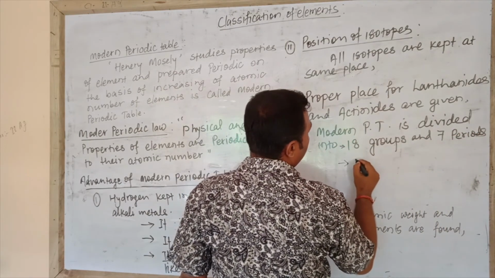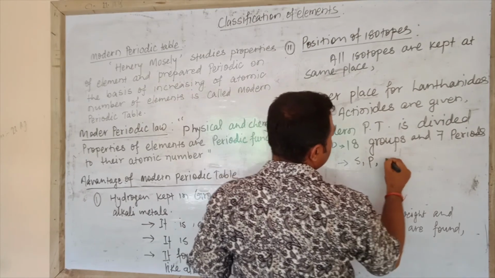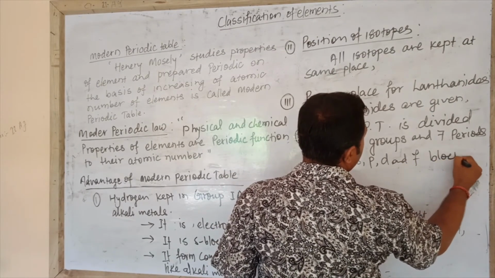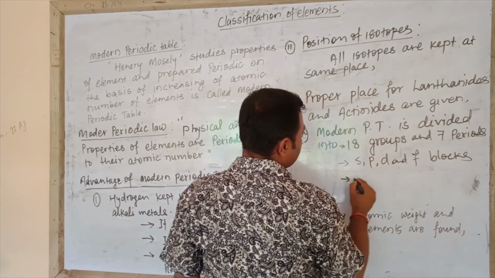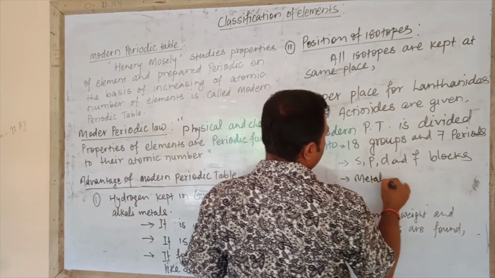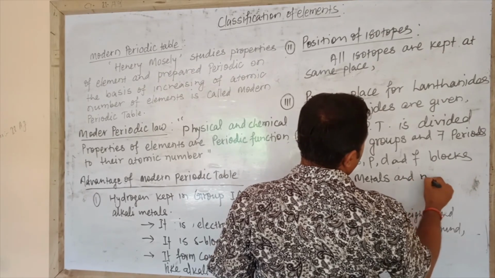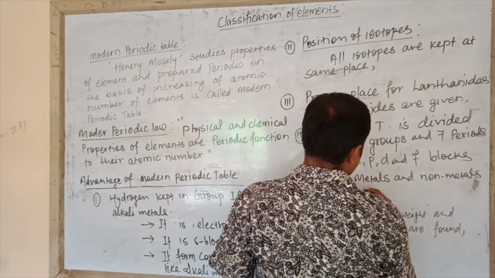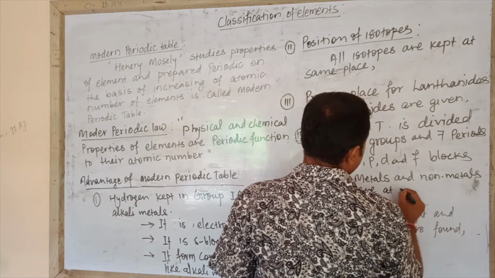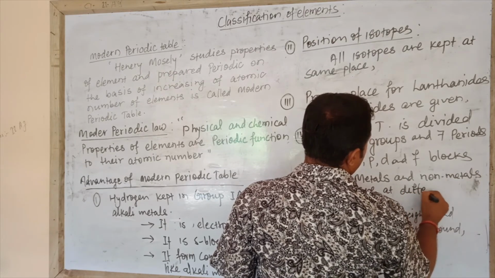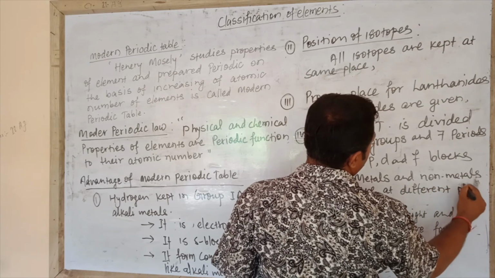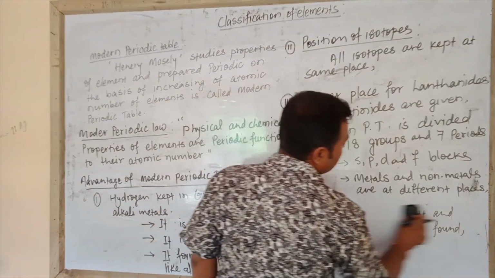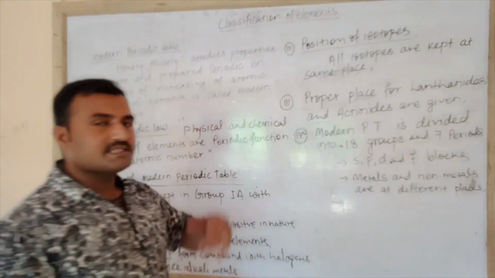There are 4 blocks: s, p, d and f blocks. Other, we can write that metals and non-metals are at different places, and many more properties are given here as advantages.